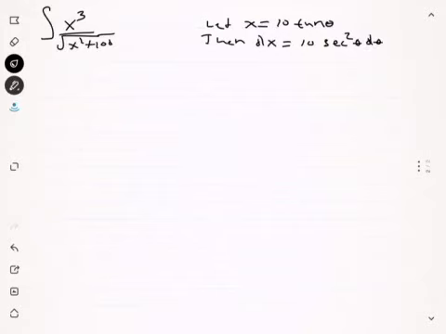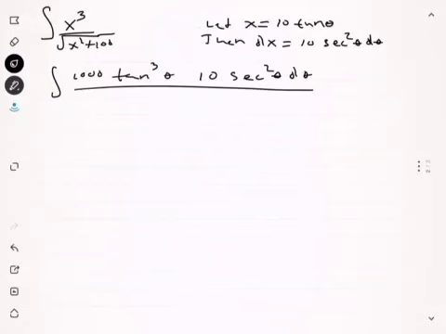So plugging this in, you got 1000 right here, and then tangent cubed theta, because x is equal to 10 tangent theta, and then dx is 10 secant squared theta d theta. And then in the denominator we have the square root of 100 tangent squared theta plus 100.